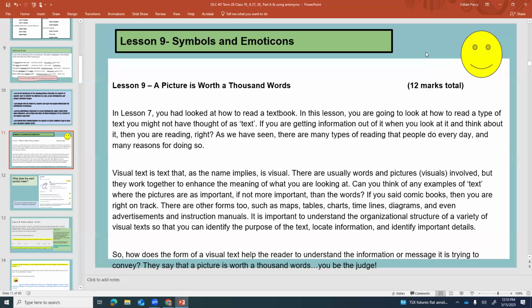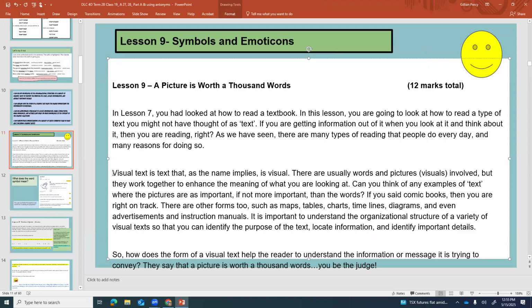It's really important to understand how the organizational structure of these different visual texts works, because it is different than your normal sort of sentence and paragraph format. And you want to be able to understand it so that you can identify its purpose, locate information, and identify important details. So, how does the form of a visual text help the reader to understand the information or message it is trying to convey?